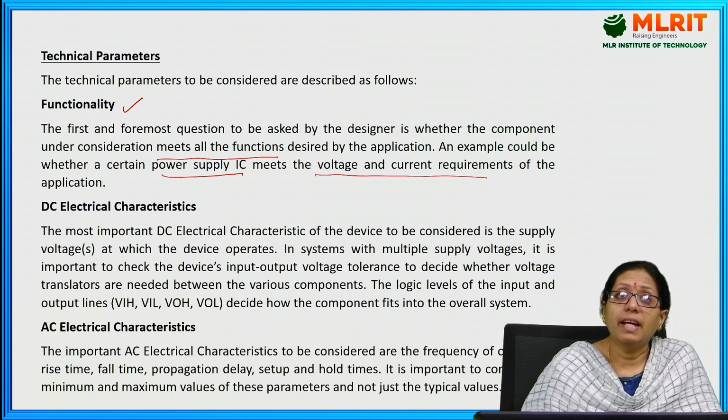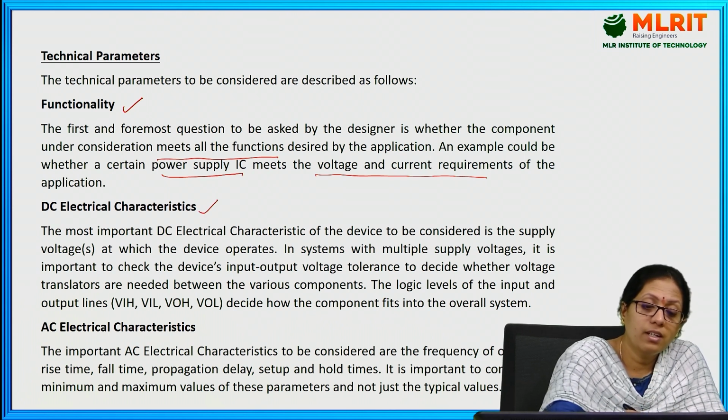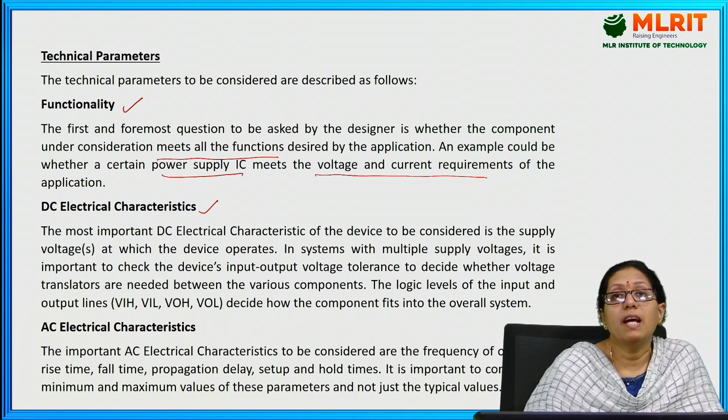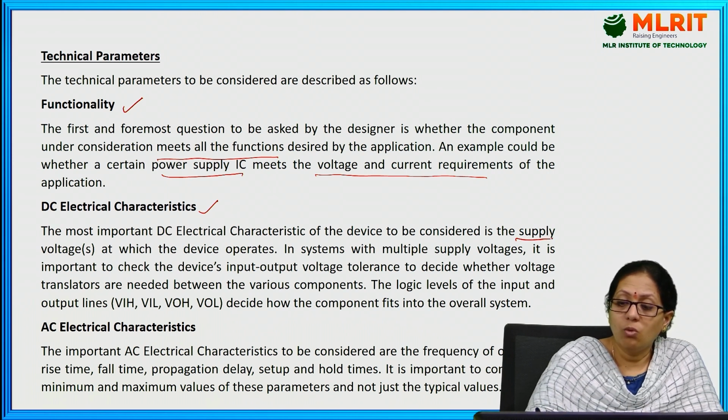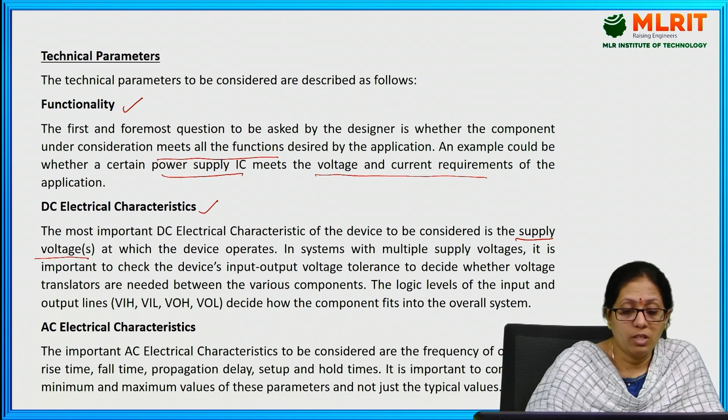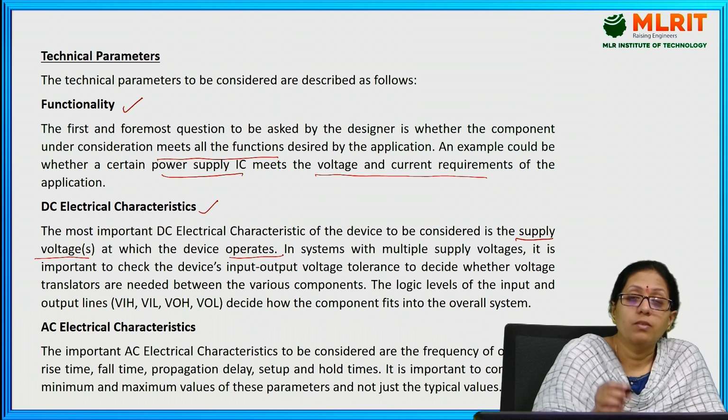The second one is DC electrical characteristics. The most important DC electrical characteristic of a device to be considered is supply voltage, the voltage at which the device operates.